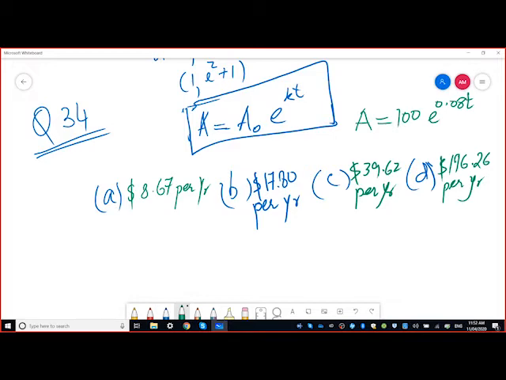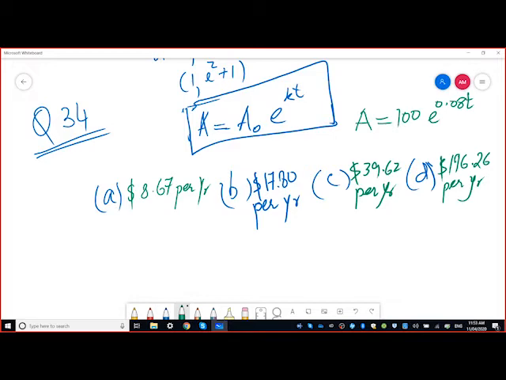So the larger the number, the more it grows. What is this number actually? The larger the t. What is this t in this question? The more years.